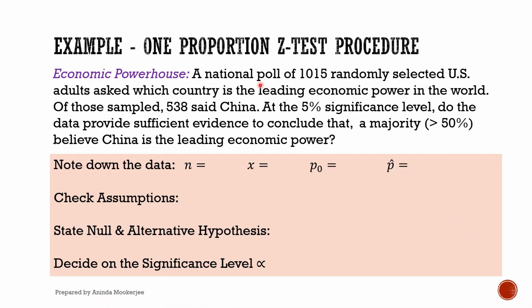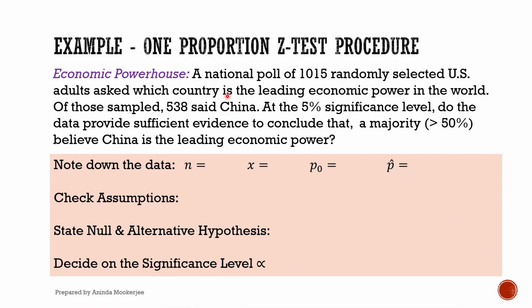I'm going to first read through the problem because most problems in statistics are word problems telling a story, and it is important to understand what the problem is about, understand the question that we have to answer, and then of course extract the data from the verbiage of the question.